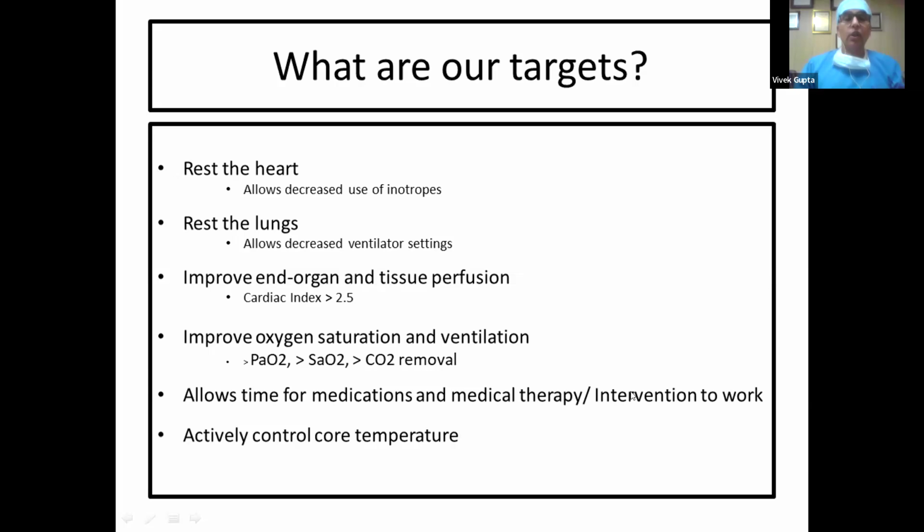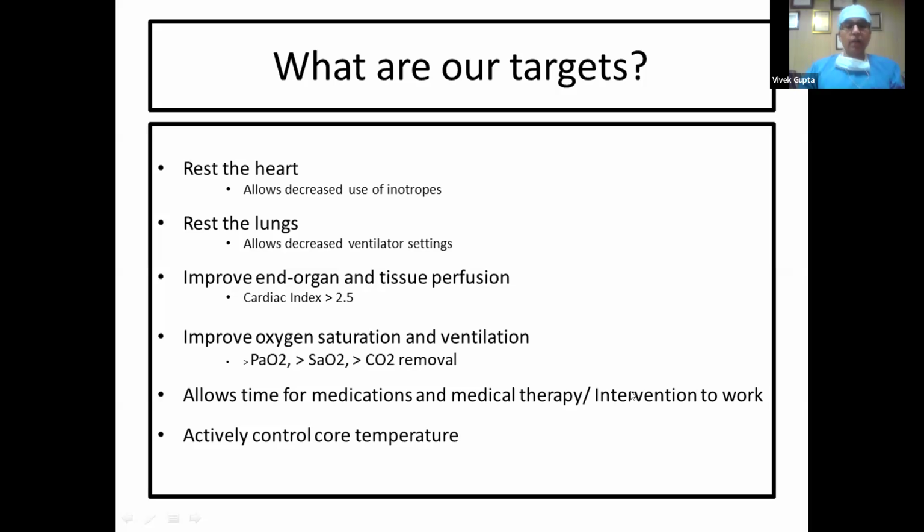So what we want to achieve by placing the patient on ECMO is to give rest to the heart so that we do not run behind the numbers of blood pressure, and so that it allows us to reduce the use of inotropic support, which on one end tries to increase the blood pressure, but on the other side, is at the cost of a failing myocardium.